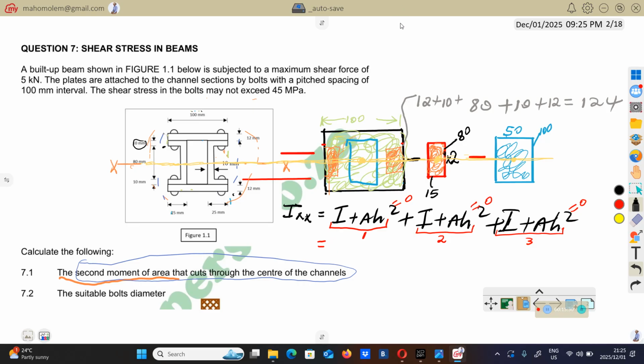Let me just write it here. I equals BD cubed over 12. So this one will be parallel. This one perpendicular. Perpendicular to this axis that will be written here.